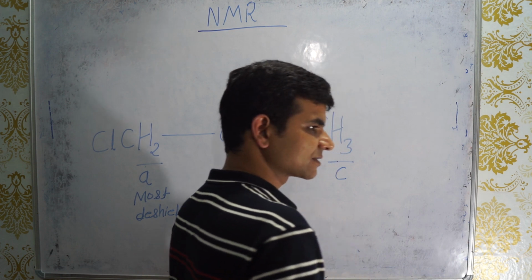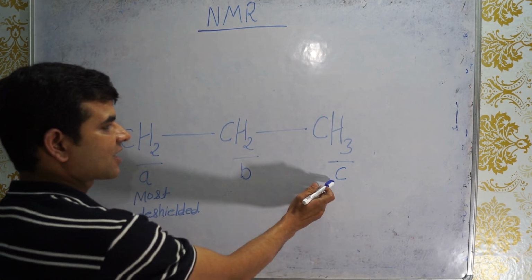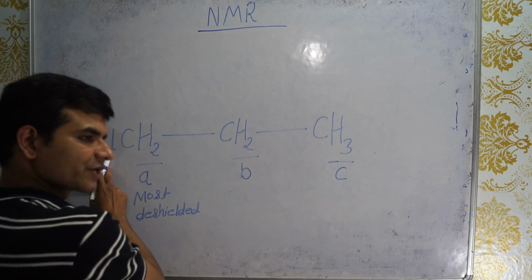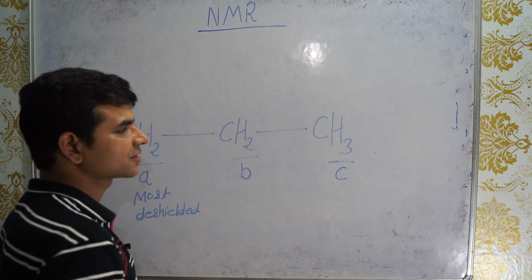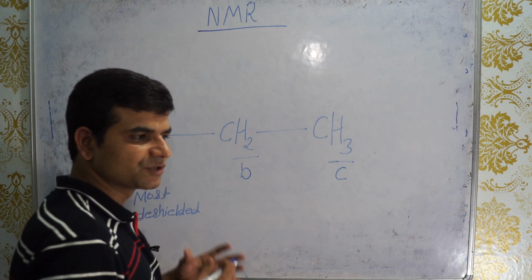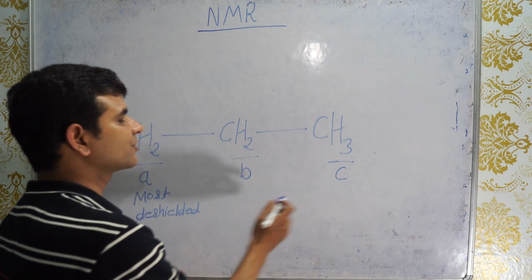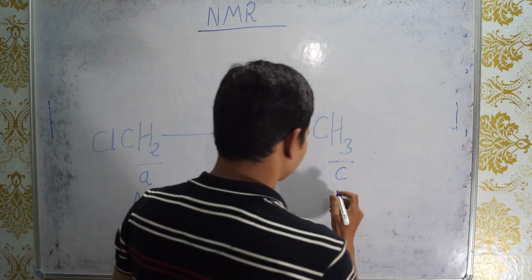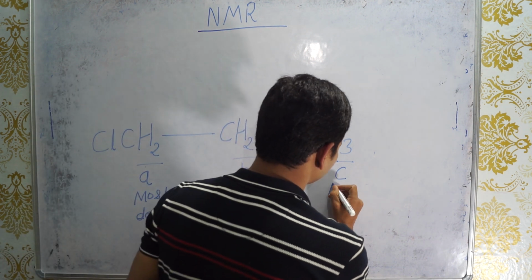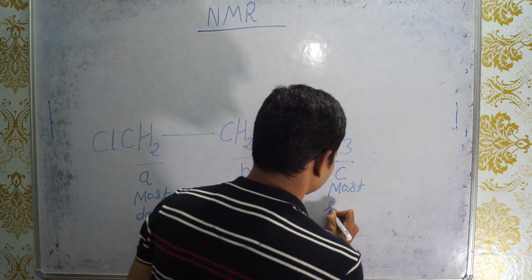Type C hydrogen atoms are far from the electronegative chlorine atom, and in the previous video we also discussed that hydrogen atoms far from the electronegative atom would be in the most shielded form.